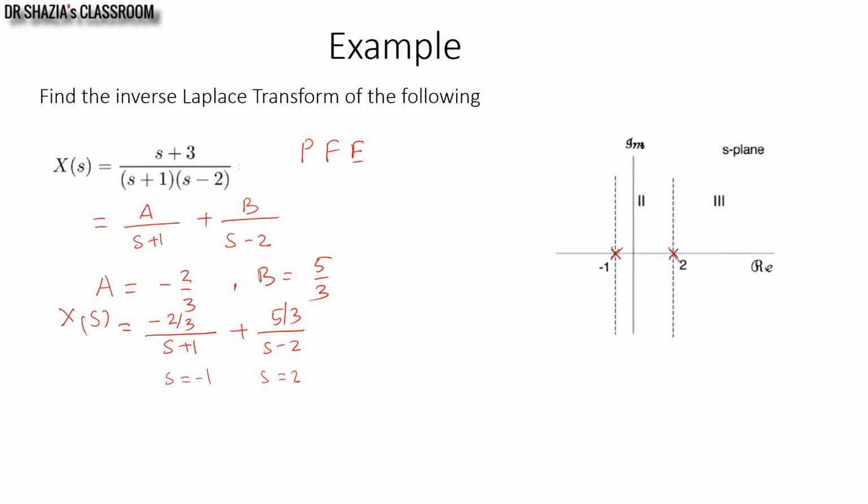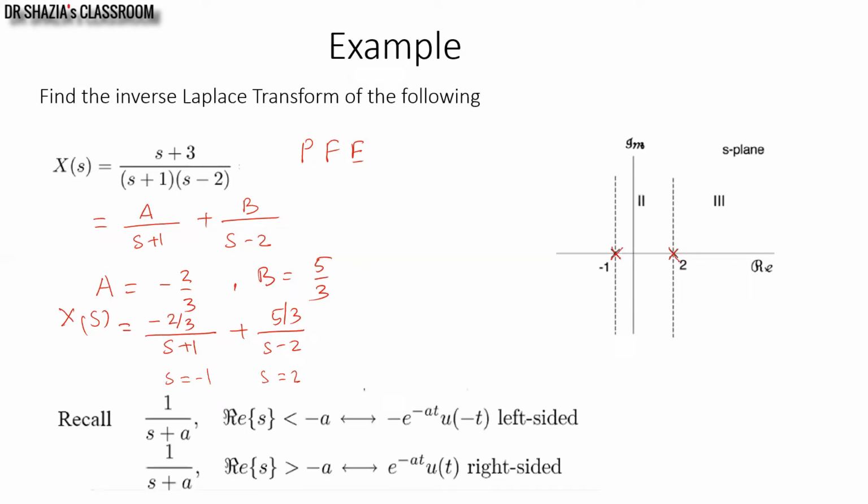So what inverse Laplace transforms are possible? Now I know that 1 by (s plus a) is the Laplace transform of: if the ROC is less than minus a, then the signal will be a left-hand signal, and it will be minus e to the power minus at u of minus t.